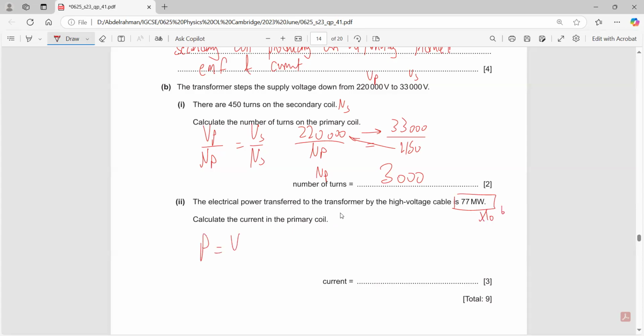Yes, power equals VI, so I equals P over V. Power is 77 times 10 to the power of 6 divided by the voltage in the primary coil, which was 220,000. Which is a huge current: 350 amperes.